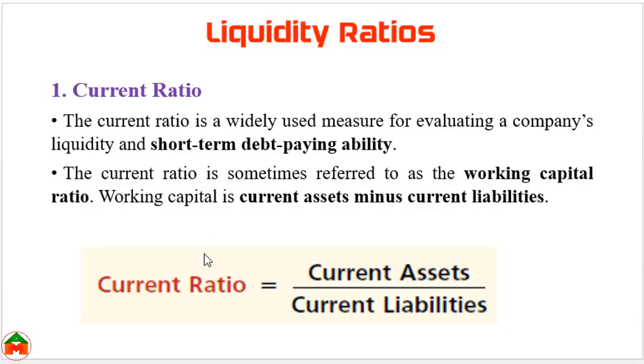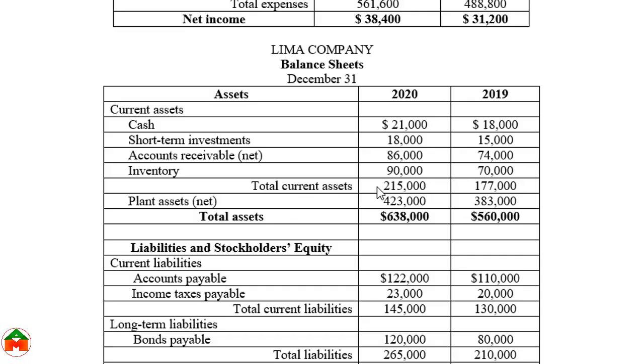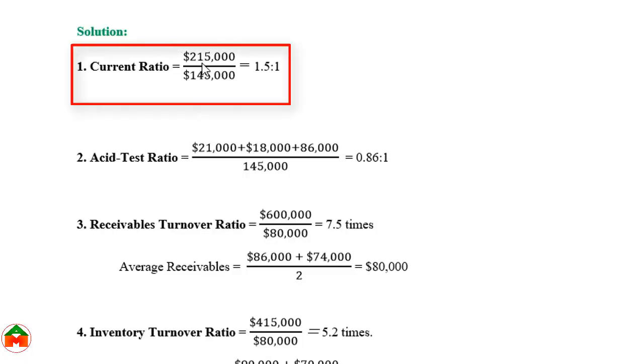Let's see the formula again. The formula of current ratio is current assets divided by current liabilities. We will calculate the ratios for the year 2020. Here the current assets are 2,15,000, and the current liabilities are 1,45,000.